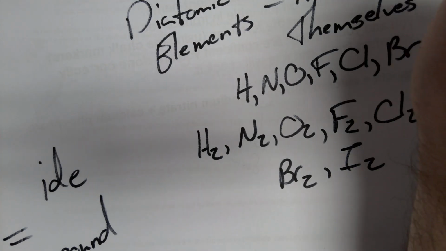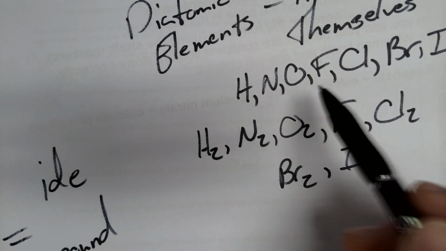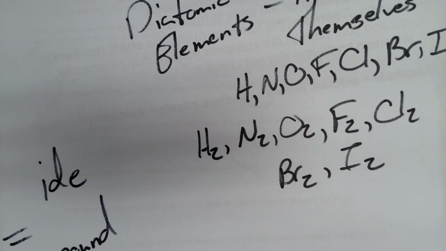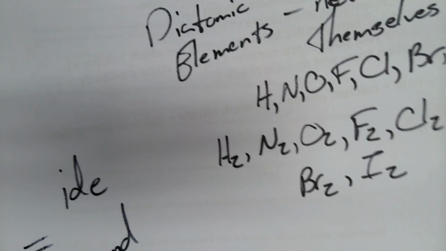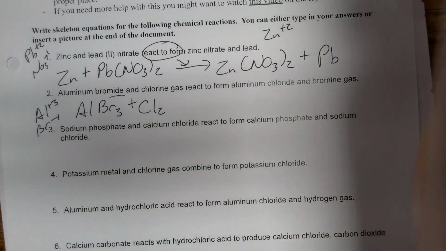Nitrogen gas makes up 78% of our atmosphere, N2. Oxygen makes up another 10% of our atmosphere, O2. Fluorine, found all over the place, when it's in gas form or by itself, it's always F2. Chlorine gas, or chlorine just by itself, is always found as Cl2. Bromine gas, always found as Br2. Iodine gas, always found as I2. Remember your diatomic elements. That was Unit 2.